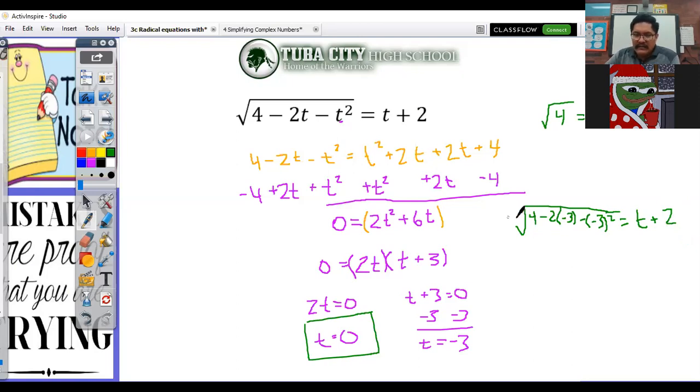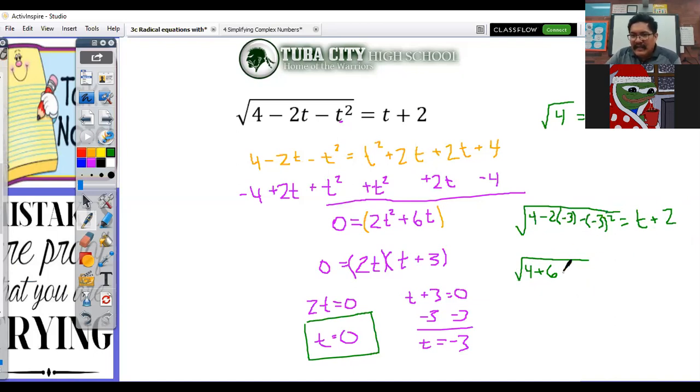All right, now let's go ahead and work this problem out. So sticking to our order of operations, nothing happens to the 4, but I can multiply. Negative 2 times negative 3, so negative times negative is positive. And taking care of this one here, so I have negative 3 squared.